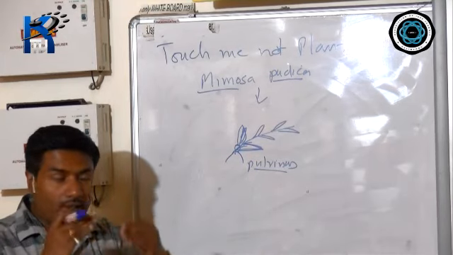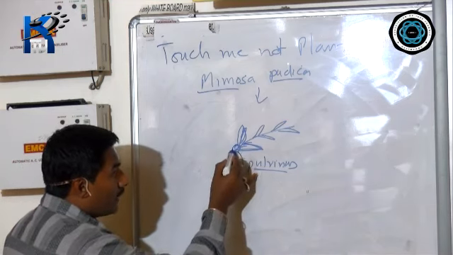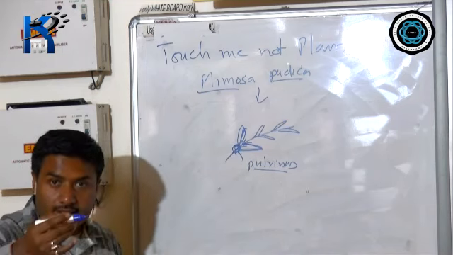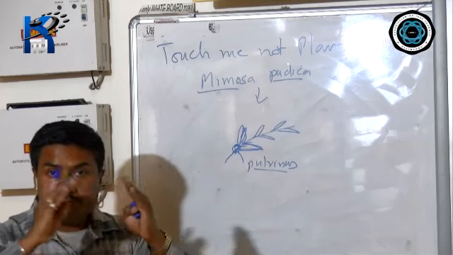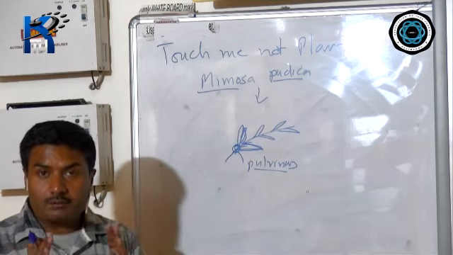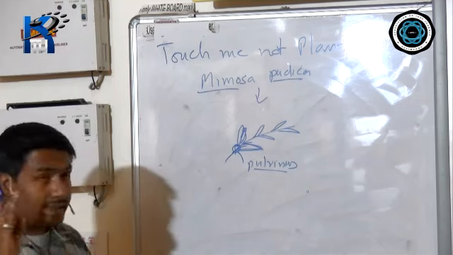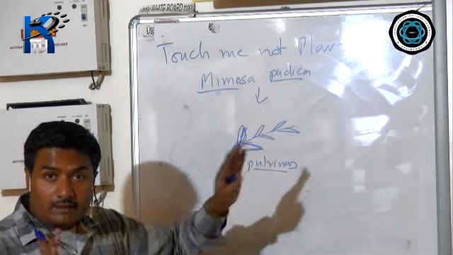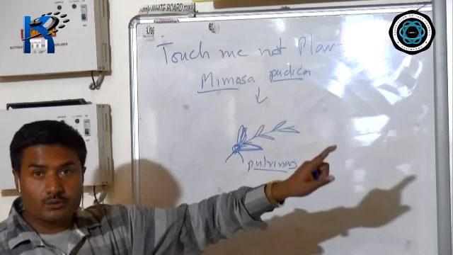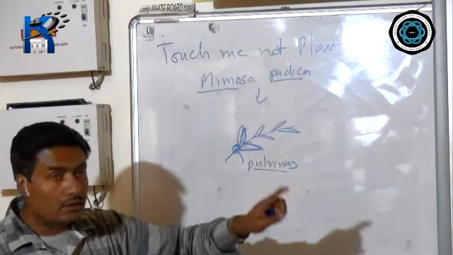And again, when the turgor pressure is regained, you will find the leaf open. So this mechanism of thigmonastic movement in the plant is nothing but due to turgidity or turgor pressure.